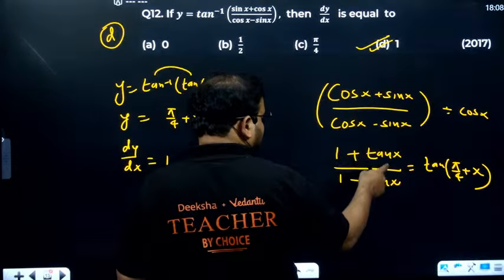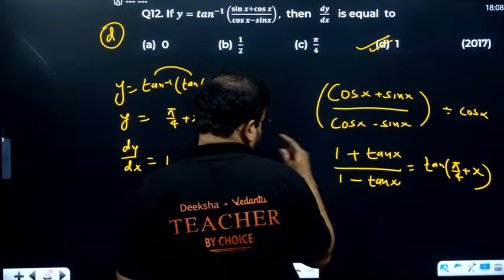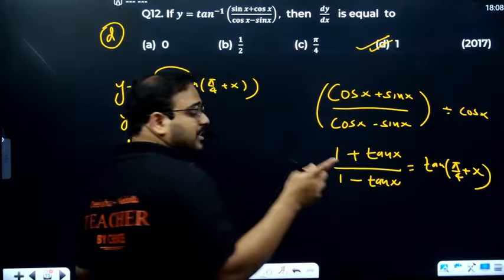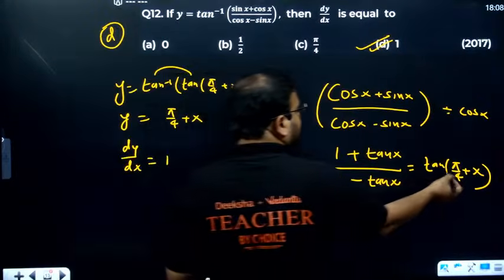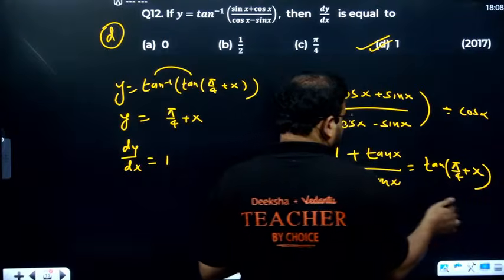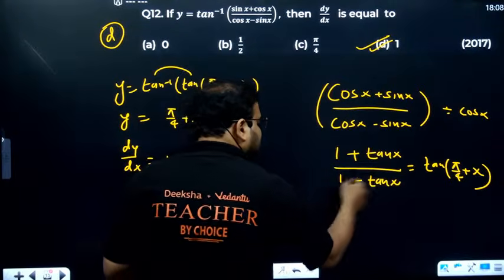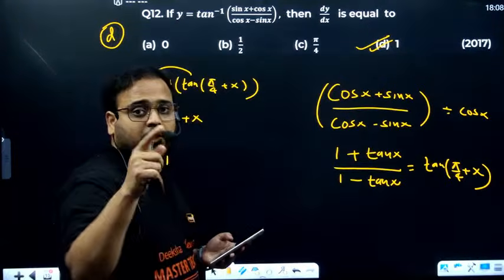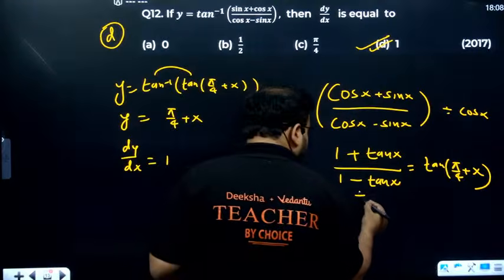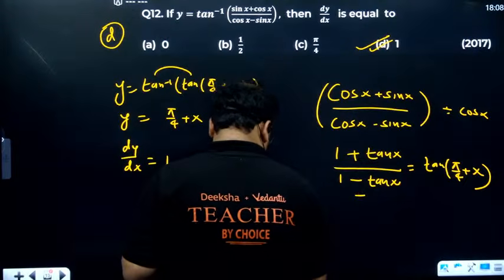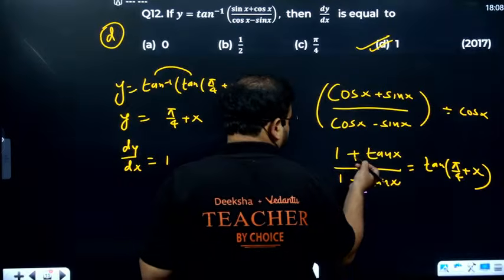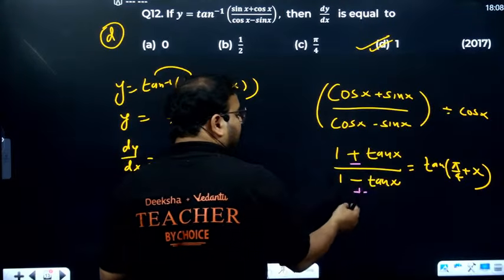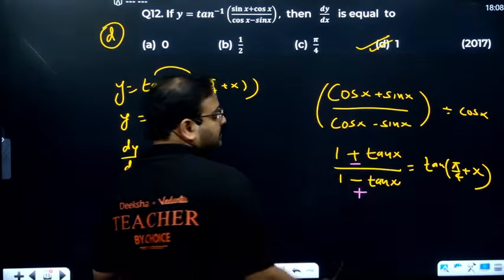The formula of tan is tan A plus tan B upon 1 minus tan A tan B. You can't have tan x minus 1 in the denominator.